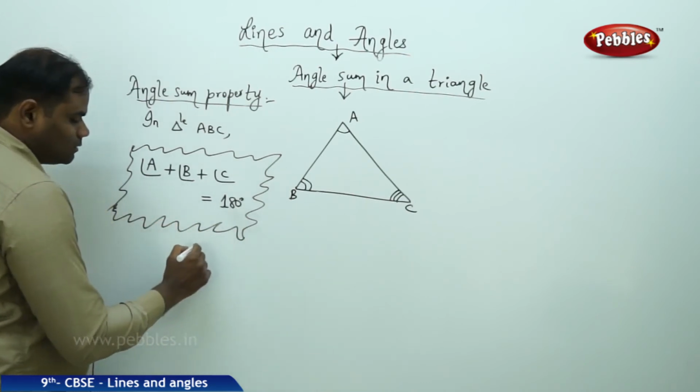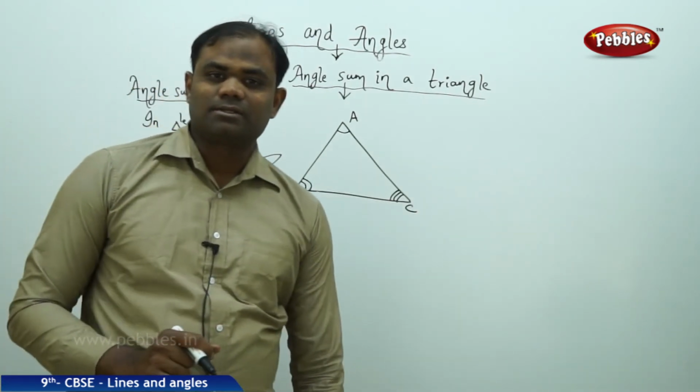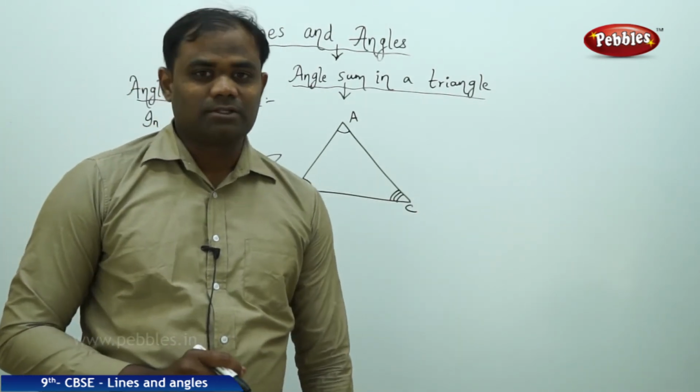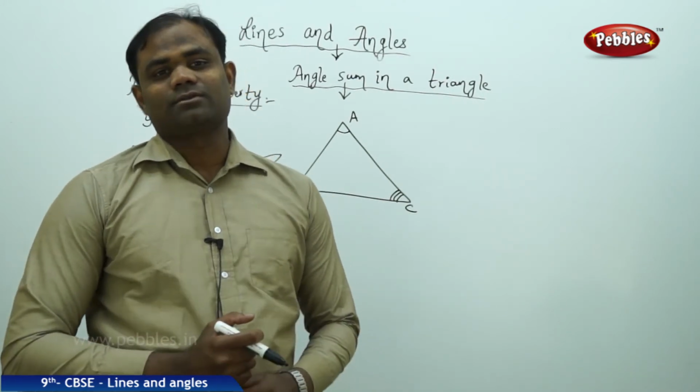Angle sum property defines that in a triangle ABC the sum of all angles in a triangle is 180.